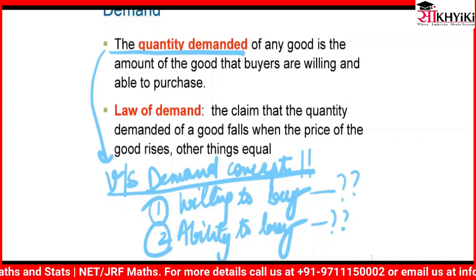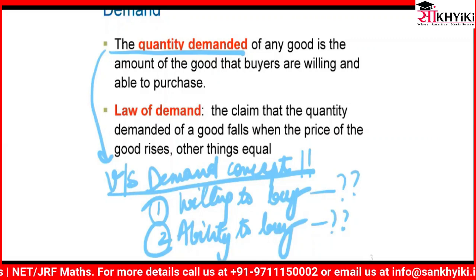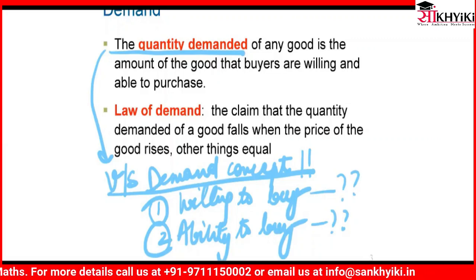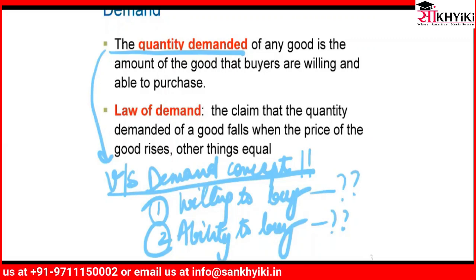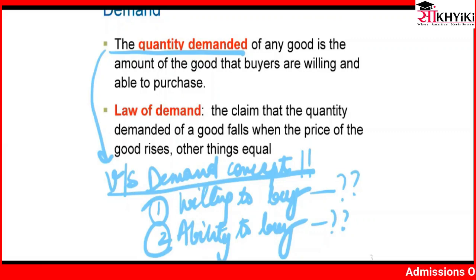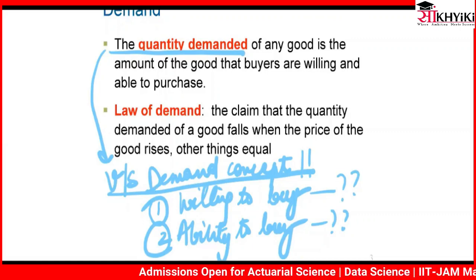I want to go and buy a BMW. That is my willingness to buy. I have full willingness to buy that thing. But would I be able to buy? Maybe yes, maybe no. So, if I don't have the ability to buy the thing, just the willingness is not sufficient for that demand to be completed. I cannot just have the willingness be a sufficient condition for me to go and demand a thing.